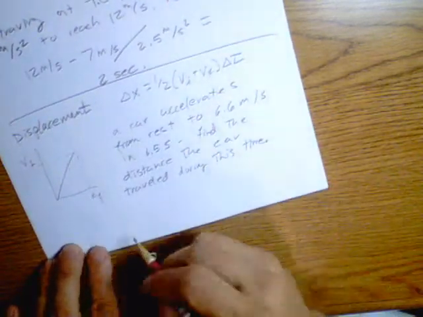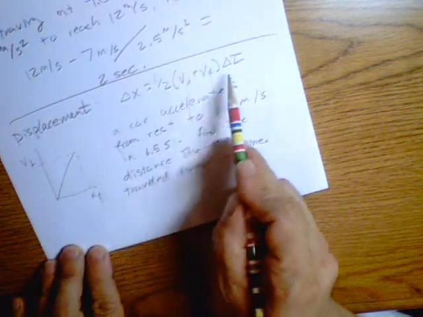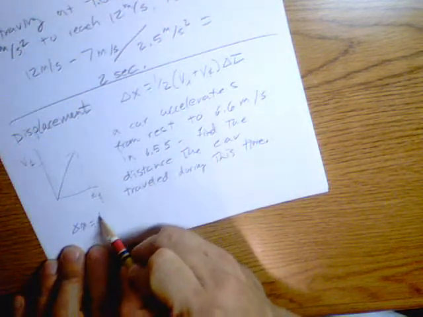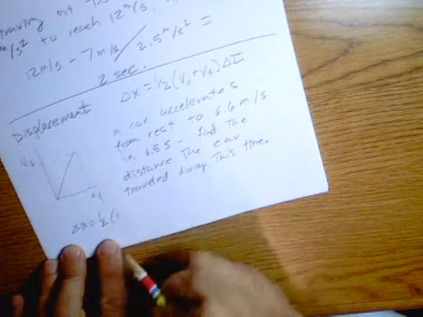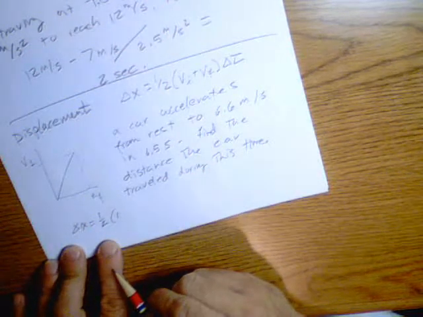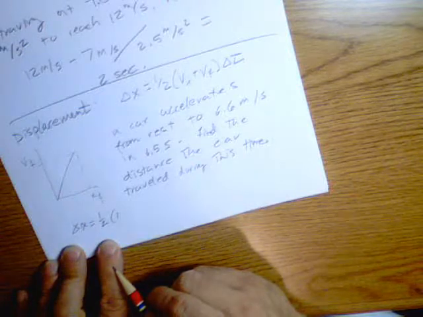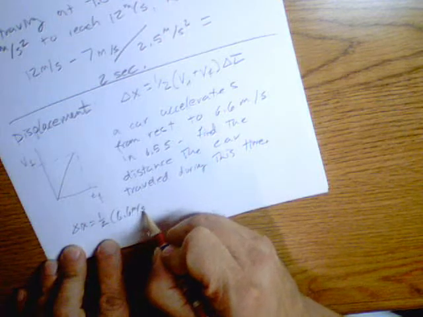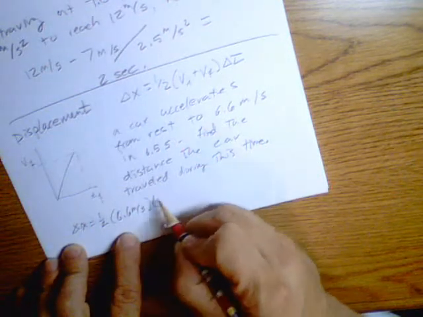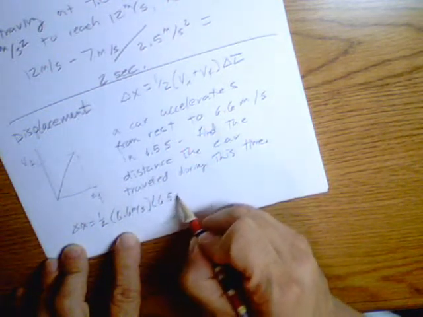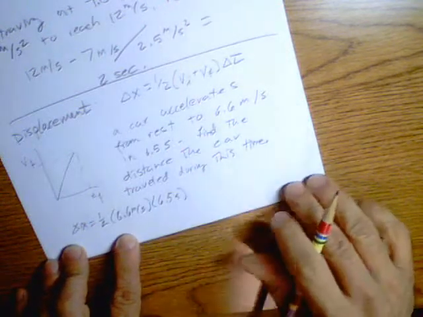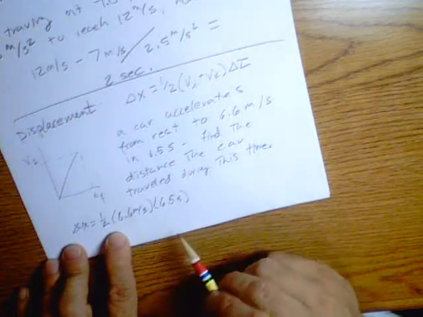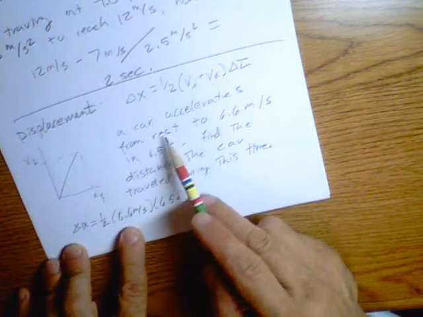Simple enough. We're going to use this equation, and delta x equals 1/2 6.6 meters per second times 6.5 seconds because it started at rest.